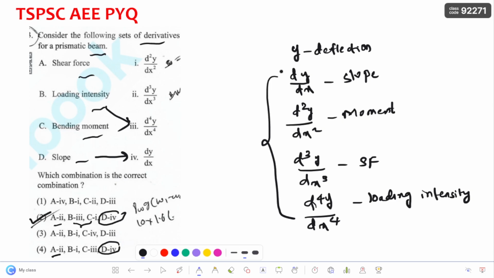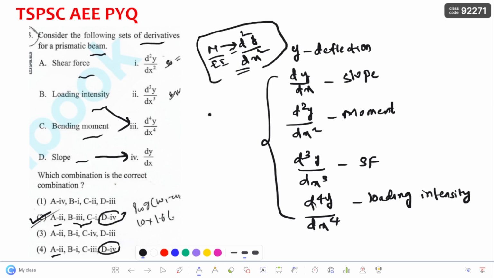Okay. You can do it in many ways, like you know the basic equation, that is M by EI is equal to d square y by dx square. This is a basic equation. From that also you can get the options. Here M by EI equal to d square y by dx square means M is defined by the second derivative. That means suppose P into x is the moment.